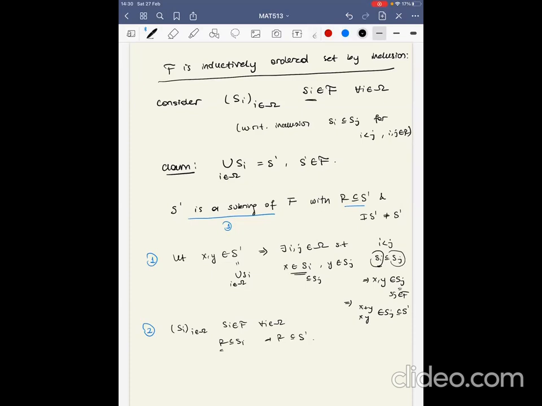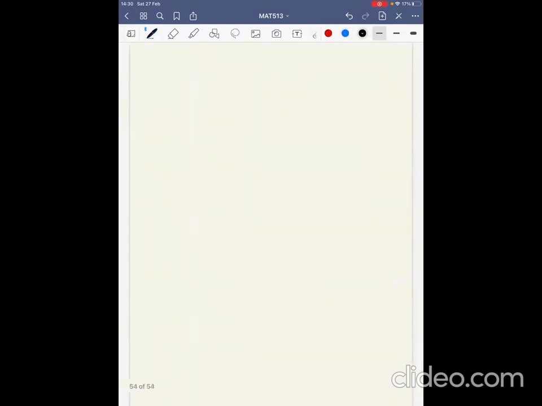And finally, we want to see that IS prime is a proper ideal of S prime. We prove it by contradiction, and we suppose IS prime is equal to S prime.